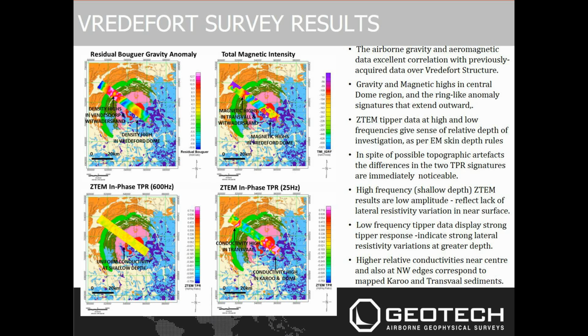The high frequency, or shallow depth, ZTEM results are low amplitude, which reflects a lack of lateral resistivity variation in the near surface. But our low frequency tipper data displays strong tipper response, which indicates a strong lateral resistivity variation at greater depth. So the higher relative conductivities near the center and also at the northwest edges correspond to the mapped Karoo and Transvaal sediments.